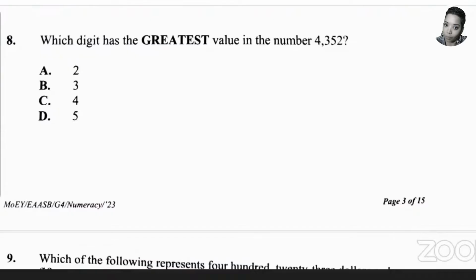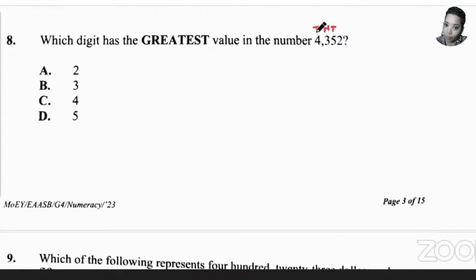Not necessarily the face value, what the number is. So for 8, the greatest value in the number would be this number here, because it represents 4,000. Okay, the 3 represents hundreds, right? And the 5 represents tens.